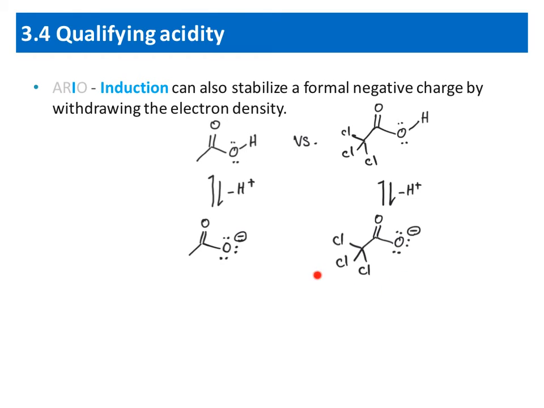Therefore, this negative charge is more stable on this anion compared to the other one. Therefore, this molecule is more acidic than acetic acid. We can even compare their pKa values. The pKa value for this molecule is 0.7, and the pKa value for acetic acid is 4.75.